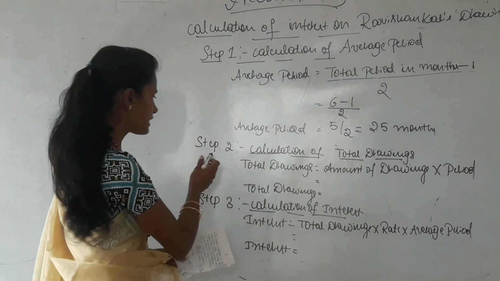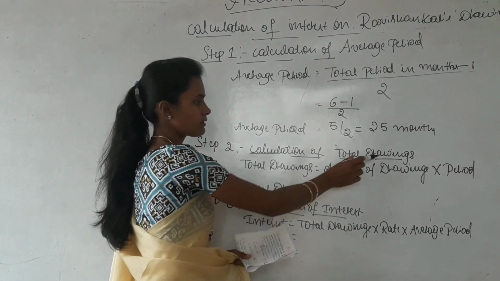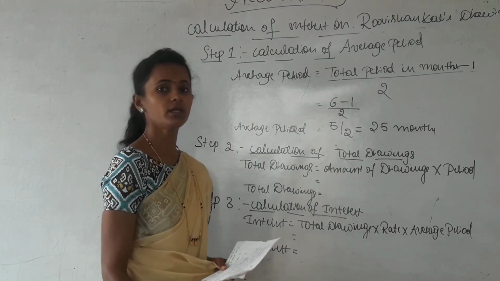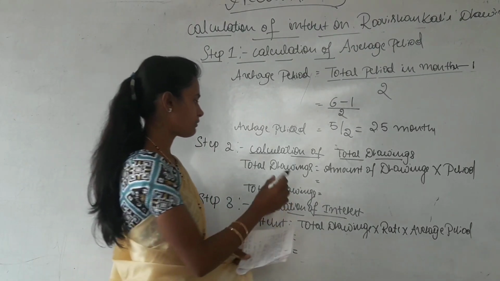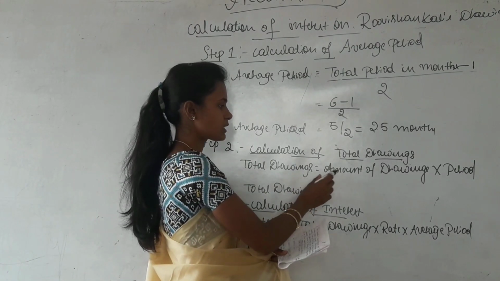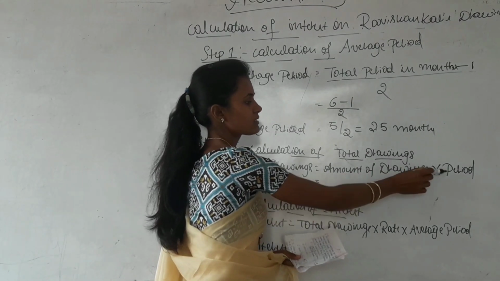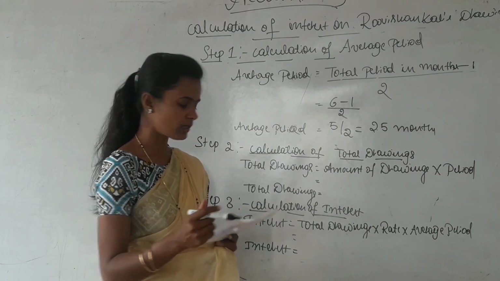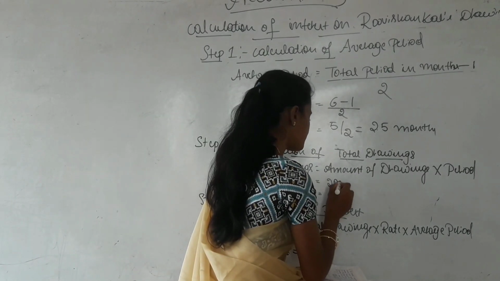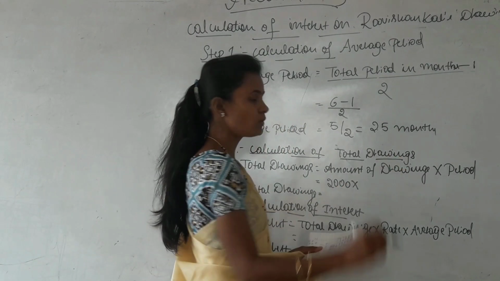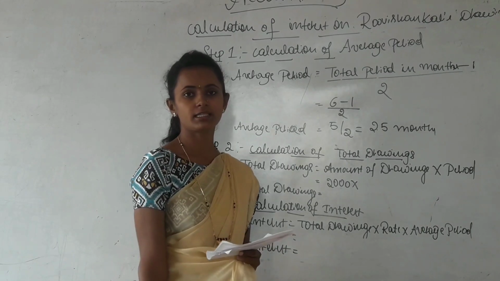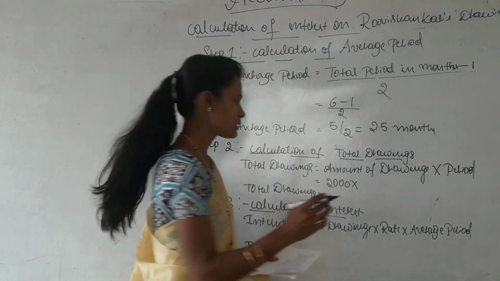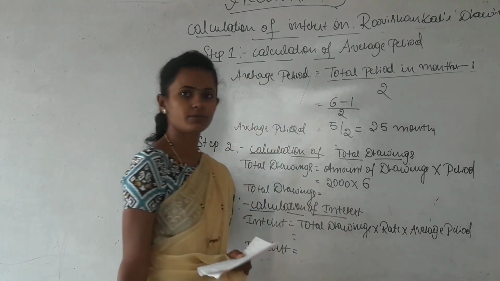In the case of step 2, we need to calculate our total drawings. To calculate the total drawings we have a formula, total drawings is equal to amount of drawings into period. Amount of drawings that is given in the problem, 2000 rupees, into the period. Half year is nothing but 6 months, so I am taking 6 months here.